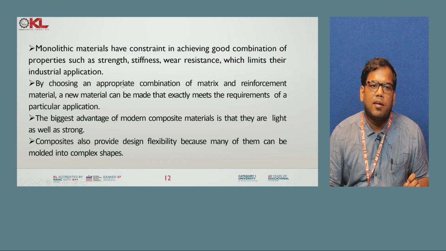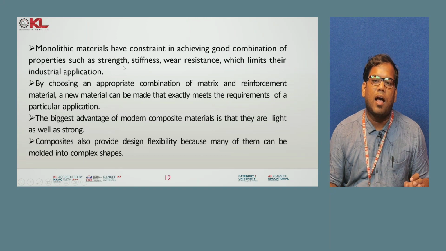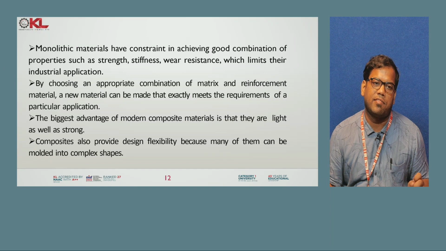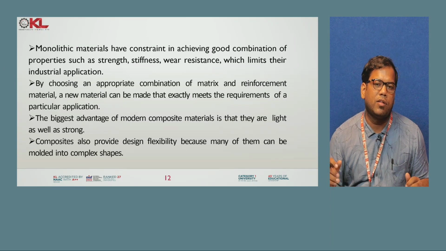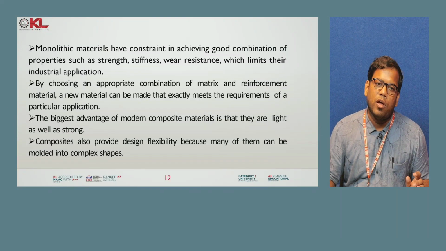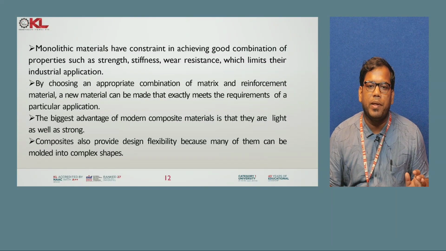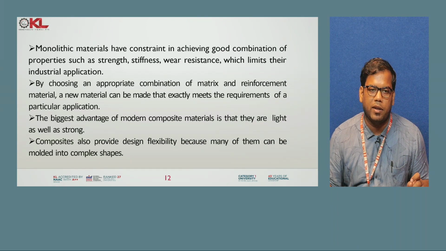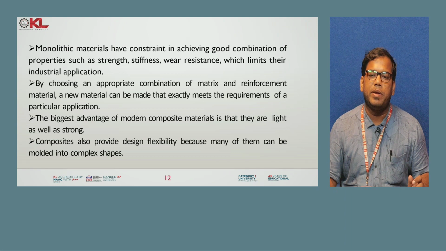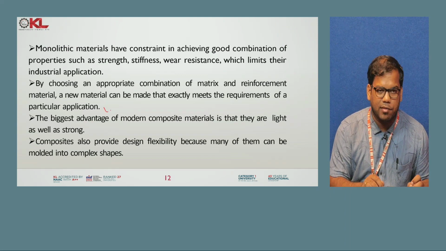Now, as I said, monolithic materials have concentrated on achieving a good combination of properties such as strength, stiffness, wear resistance. They may have given strength, but wear resistance may have some limitation. So, by choosing an appropriate combination of matrix and reinforcement material, a new material can be made that exactly meets the requirements of a particular application.